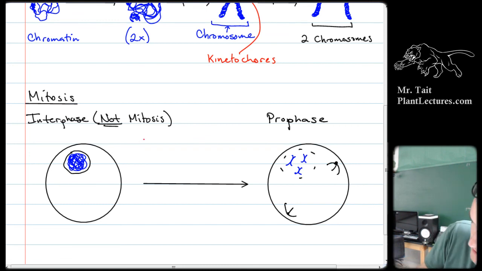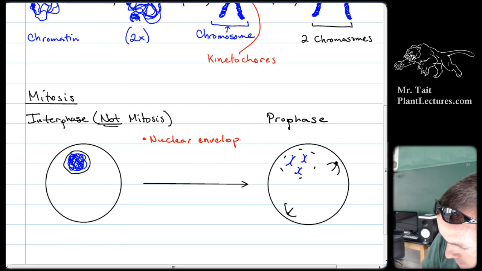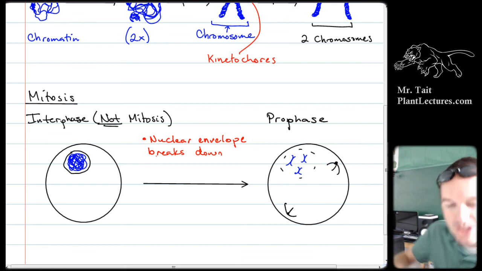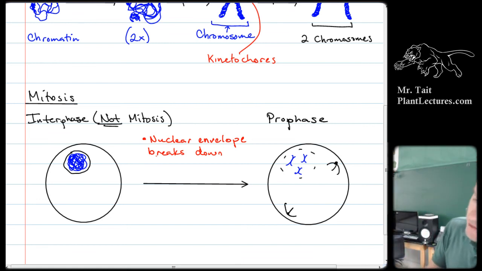First thing that happens, the nuclear envelope disappears or breaks down. That's one of the things that happens in the transition between interphase and prophase.